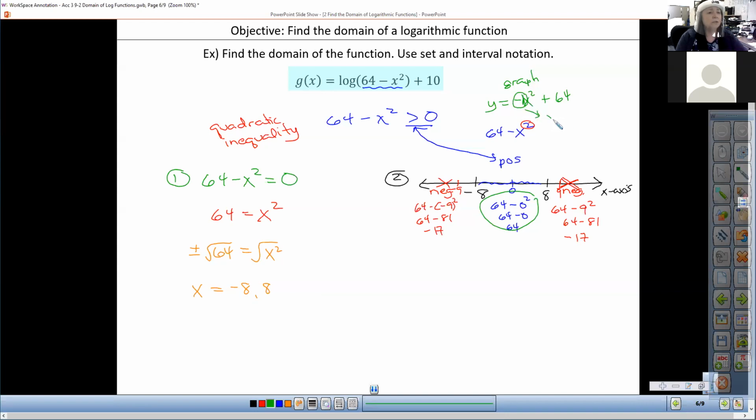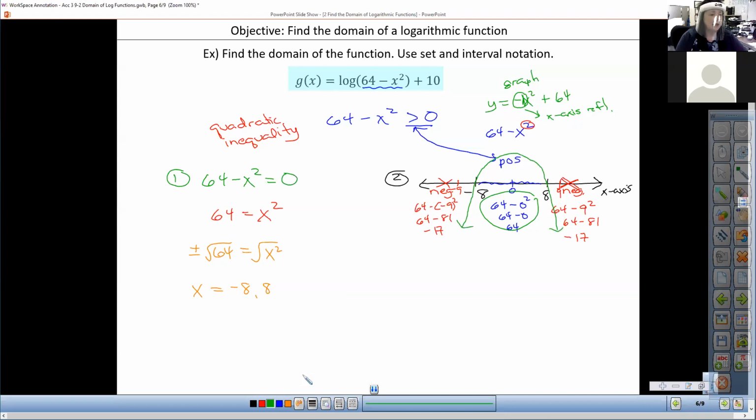When a is negative, remember, that means there's an x-axis reflection. That means the parabola is going to open down. The parabola will have zeros of negative 8 and 8. So the parabola crosses the x-axis at negative 8 and 8 and opens down.